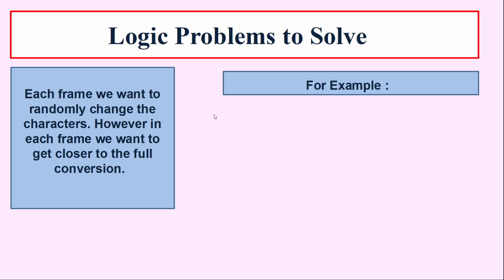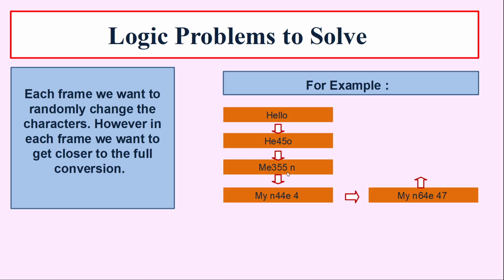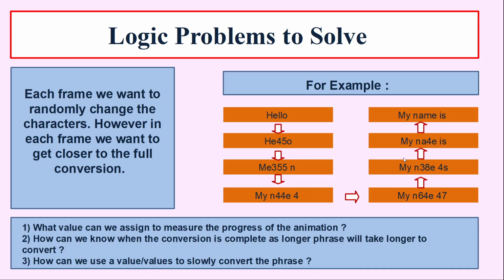So for example, if we have the first phrase hello, the first couple of characters get transferred to a random character, and then more and more as the frame goes on, but as we go through the animation, it gets closer to the final phrase that we want.